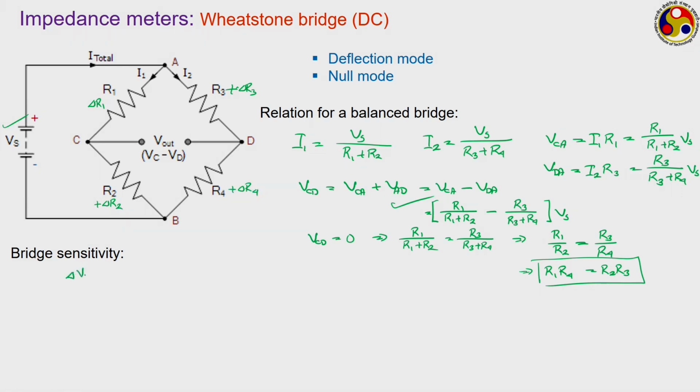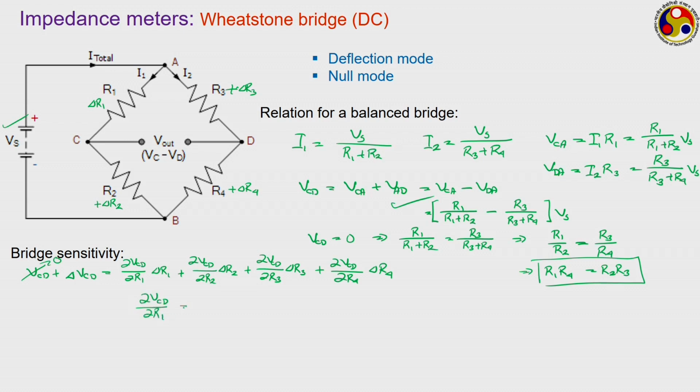Then delta VCD, which should not consider the initial value because it is initially equal to 0, should be equal to dou VCD dou R1 delta R1 plus dou VCD dou R2 delta R2 plus dou VCD dou R3 delta R3 plus dou VCD dou R4 delta R4.